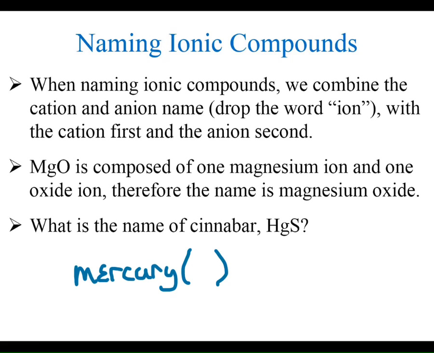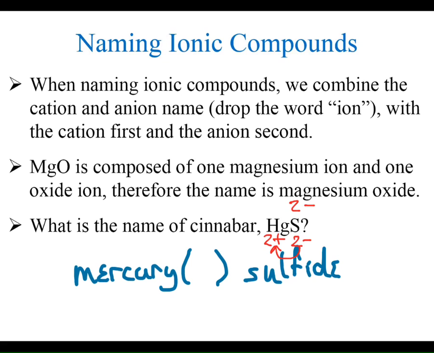How do I name that S? All by itself, not combined with anything, so it becomes ide, sulfide. Okay, so let's figure it out. What's the charge on that sulfide? It's 2 away from the noble gases, so it's 2 negative. Perfect. How many sulfides do I have? Just 1, so all of the negatives are 2 negative, which means all of the positives must be 2 positives.